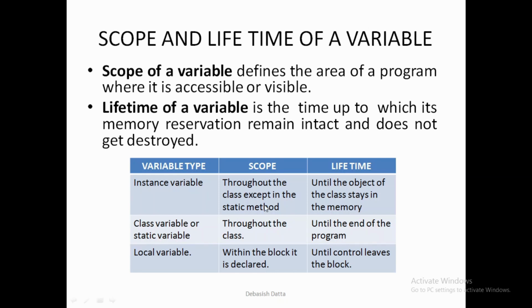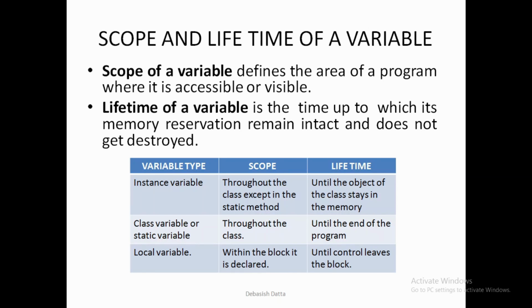Now the instance variable or member variable: its scope is throughout the class except in the static method. Very important. Its visibility is throughout the class except the static method. If it is a static method, then it cannot access the non-static member variables.